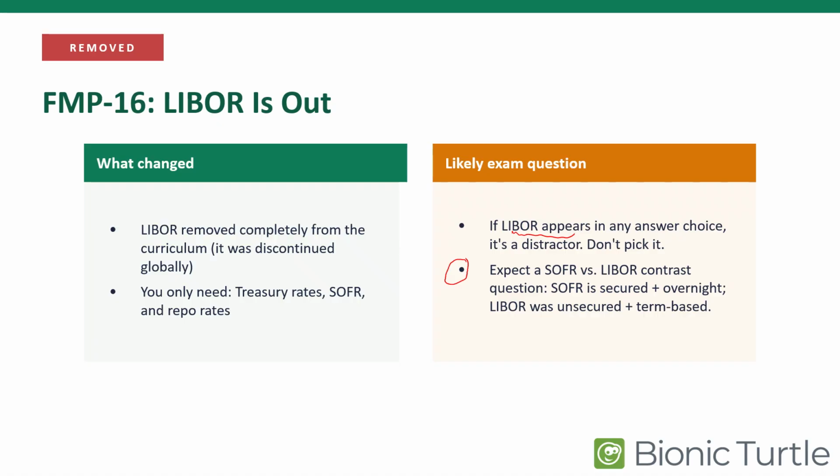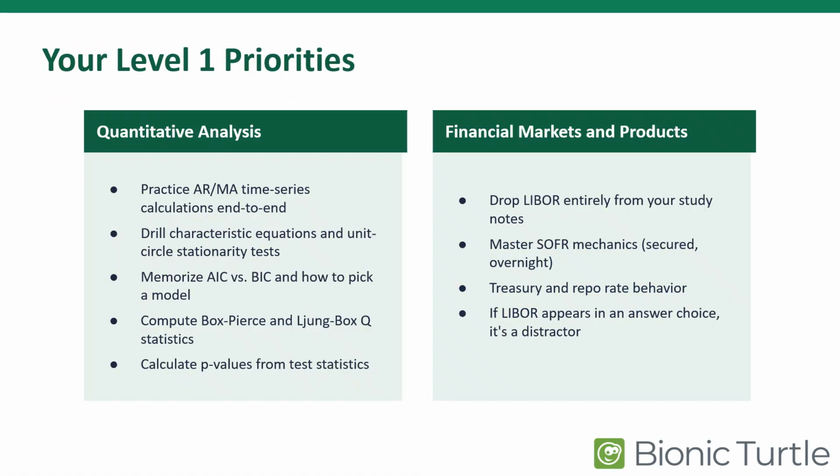SOFR is secured and overnight lending, whereas LIBOR was unsecured and term based. And that distinction is exactly the kind of conceptual hook that GARP loves to test. So remember that.